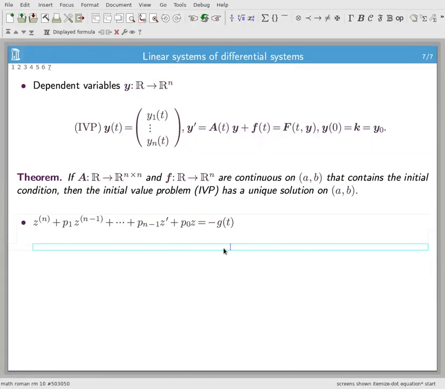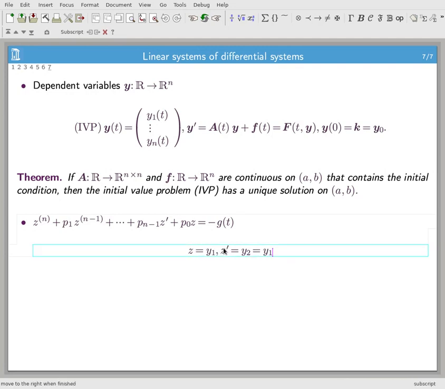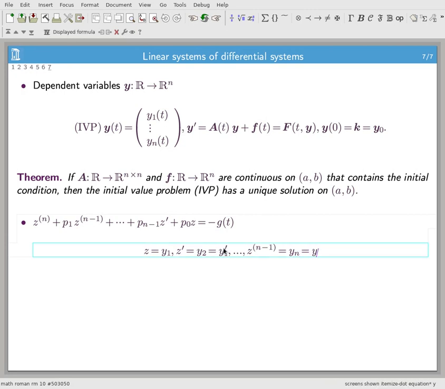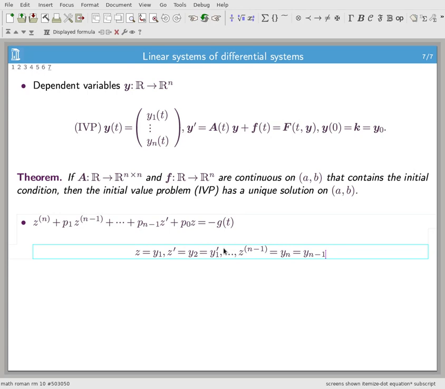We would have that z is denoted by y1, then z prime would be y2, of course this is equal to y1 prime, and so on until we would come to z differentiated n minus 1 times, which we would denote by yn, and of course this would be yn minus 1 differentiated once.